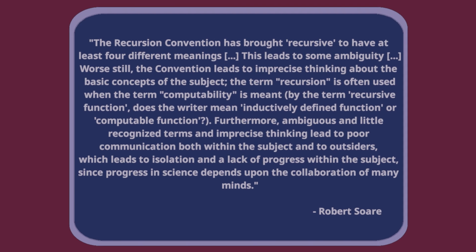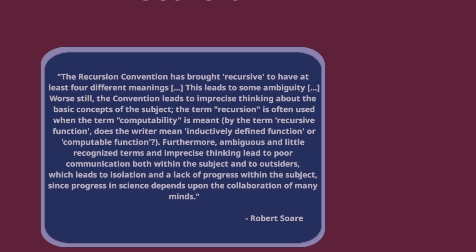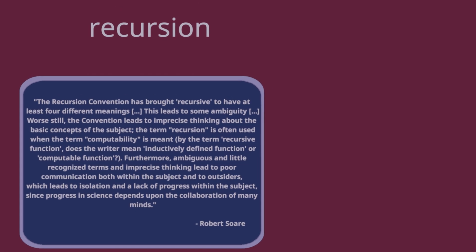Furthermore, ambiguous and little recognized terms and imprecise thinking lead to poor communication, both within the subject and to outsiders, which leads to isolation and a lack of progress within the subject, since progress in science depends upon the collaboration of many minds." If it was causing confusion in mathematics, all the more so in linguistics.